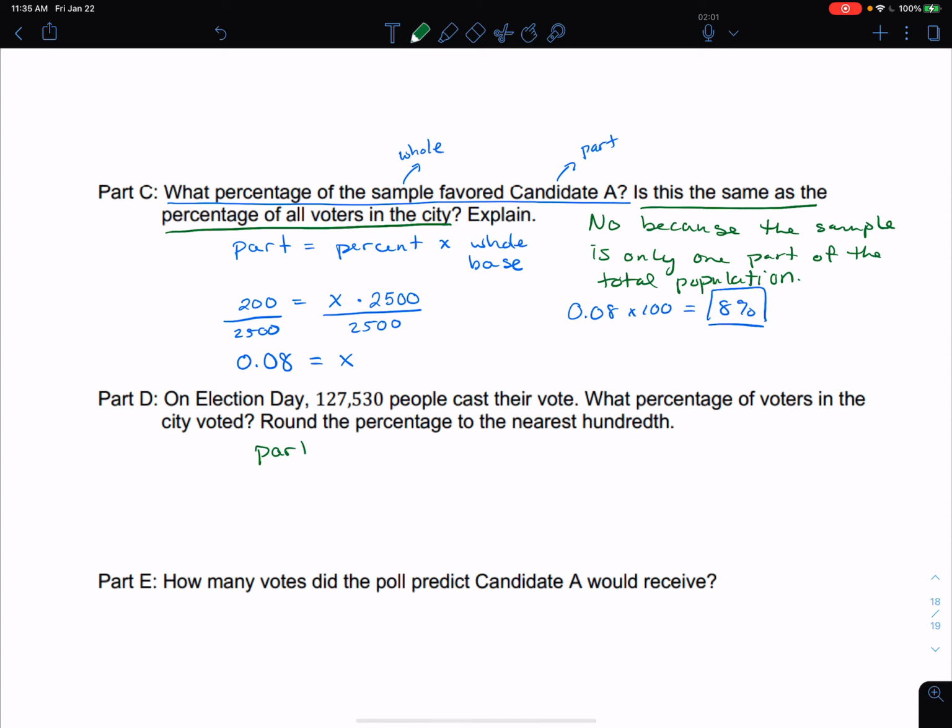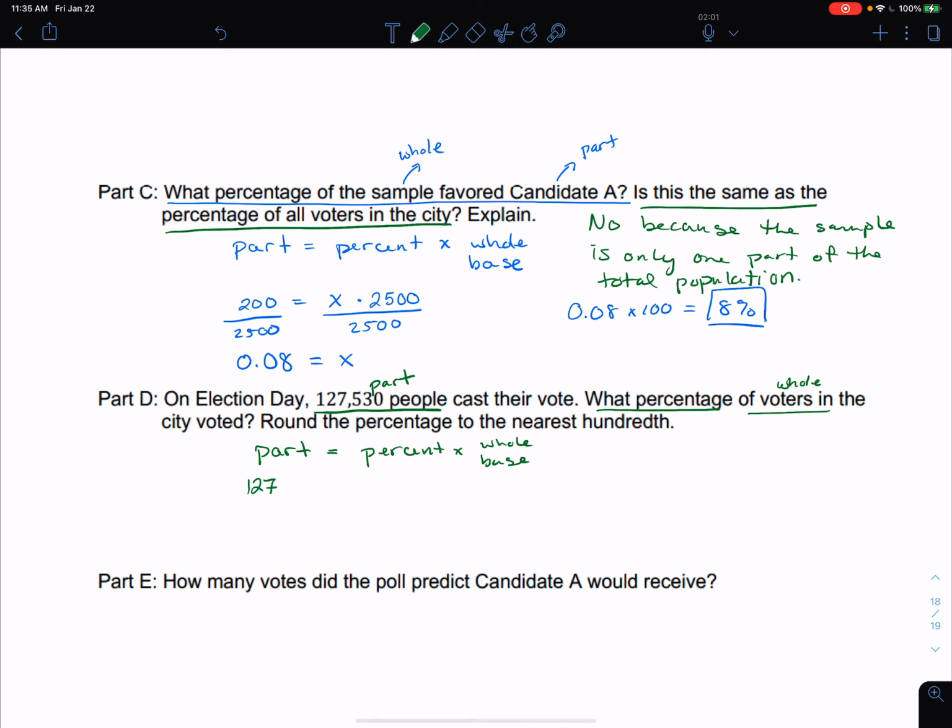So we know our percentage equation is part equals percent times the whole or times the base. So they tell us how many people cast their vote. We're trying to find what percentage, so we don't know the percent, of voters in the city voted. So the total voters is going to be our whole. How many people voted is our part.